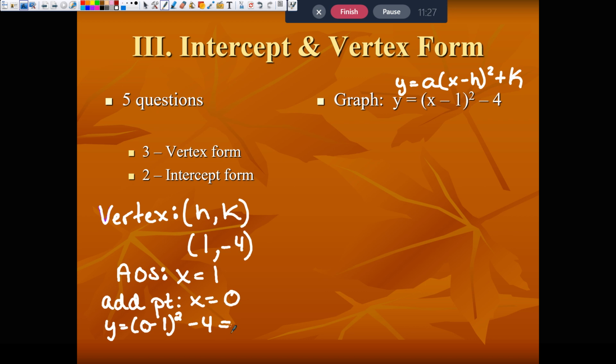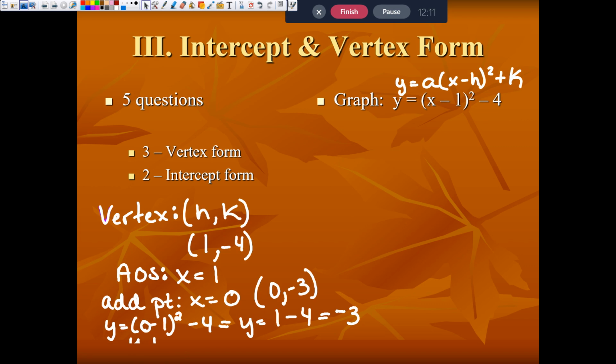So y equals 1 minus 4, which equals -3. So my additional point would be 0, -3.